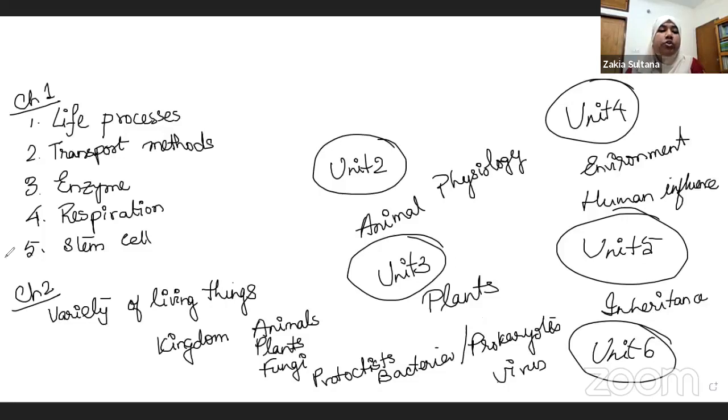We would go through one topic a day. In the next session, I would focus on chapter 1 and chapter 2, that is the introductory part. Next, we will focus on unit 2, that is mainly animal physiology. The next one on plant physiology, then environment, inheritance, and their usage. So there would be 5 Friday sessions. In the next 4 or 5 Friday sessions, I will be discussing the main factors.